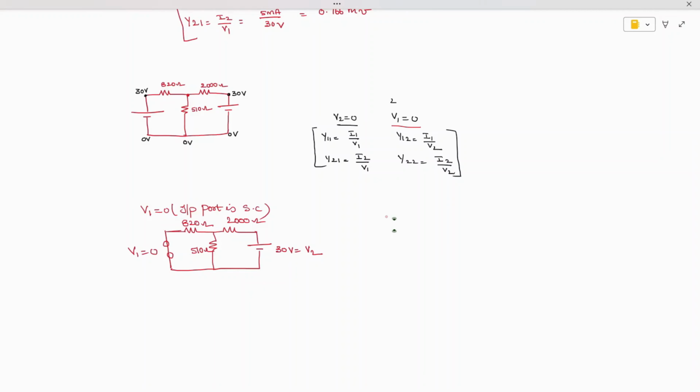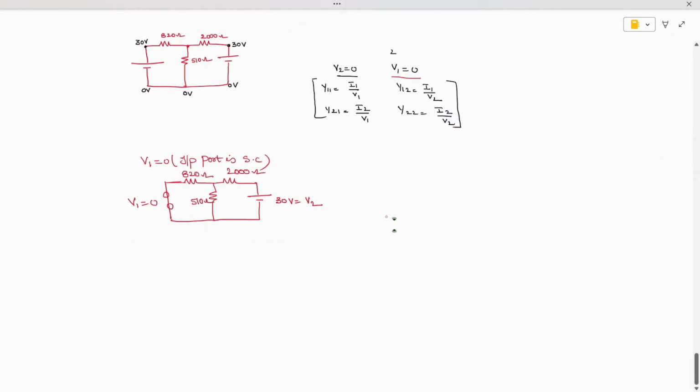Now when V1 is 0, let's try to solve it. We have to find the values of y12, which is nothing but I1 divided by V2, and y22 is equal to I2 divided by V2. Okay, so the value of V2 is already known to us. The value of V2 is 30 volts in both.